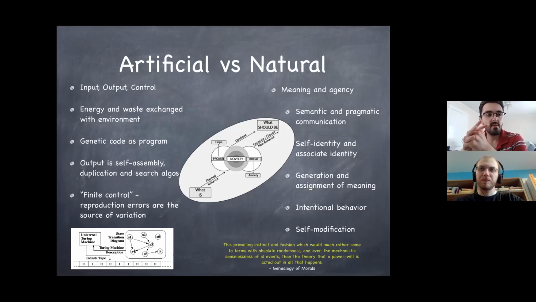There's this overarching what's called finite control, and the only source of variation are these reproductive errors. So the way the system is not working completely 100% is the source of this evolution. And then there's this ruthless selection based on just the environment. This is really the conception of evolution in the sort of public consciousness, even of fairly educated people, which is quite remarkable.